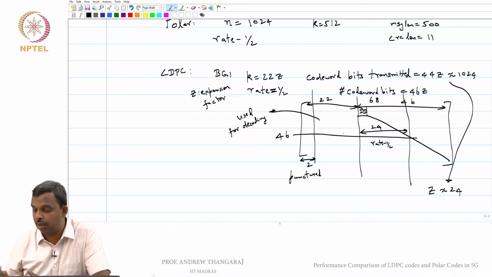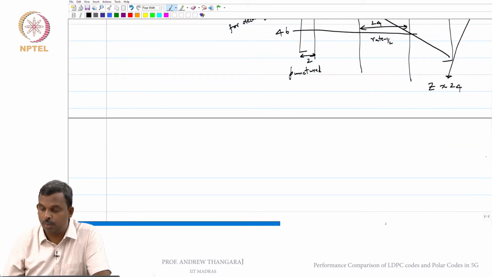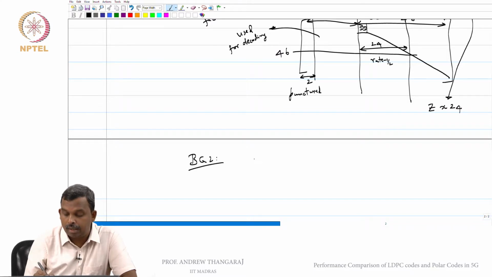You can do a similar sort of setup for BG2. I'll quickly write that down without showing you all the pictures. So if you do BG2, then you remember BG2 is 42 by 52.